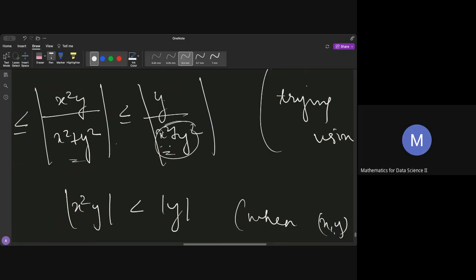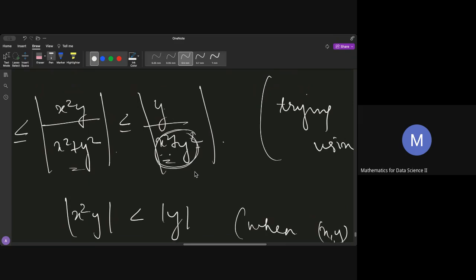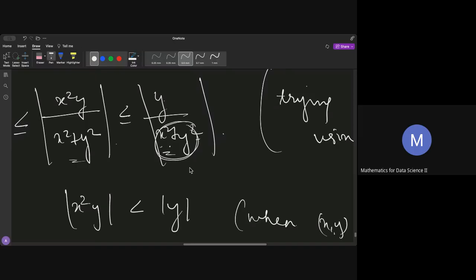I'll have to replace this with a smaller value. And this can be made as small as possible, so that's not possible. I don't think this will work here.